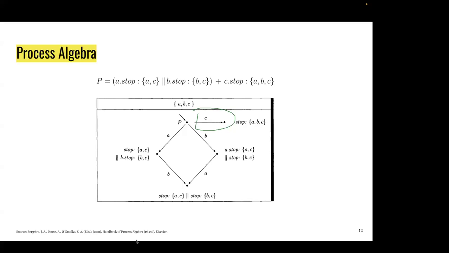After that, the B signal is delivered to the process B, and it will be stopped as well, or it can still synchronize with process C.